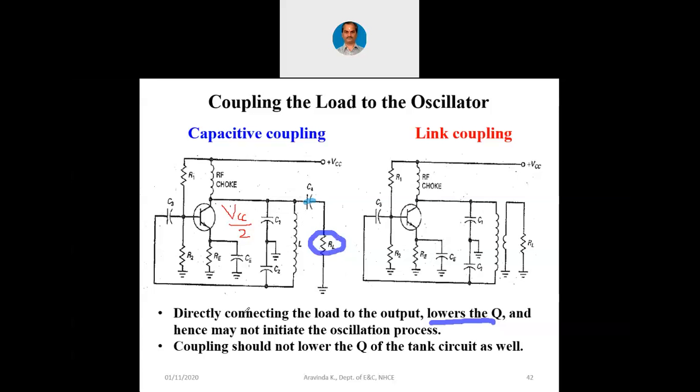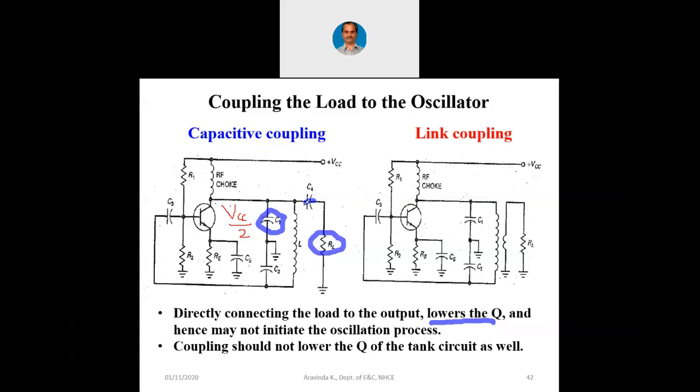Even though the inductance is connected back to the input, it is as if the C1 and RL are in parallel. That means at the output, we are giving rise to an RC circuit which is in parallel. It is going to affect the tuning operation of the feedback circuit.